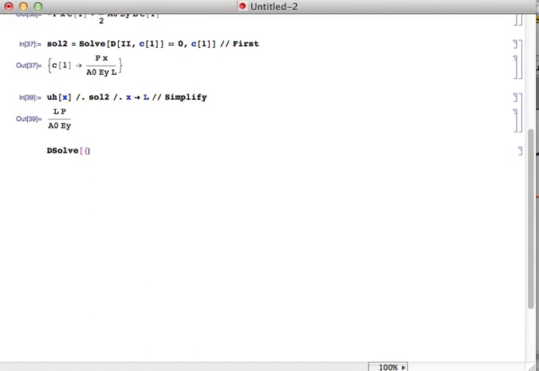Anyway, so the equation here is, I'm going to actually solve this, subject to the boundary condition u(0) equals 0 and EA u prime of L equals P.